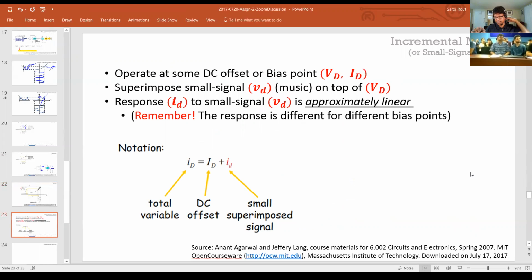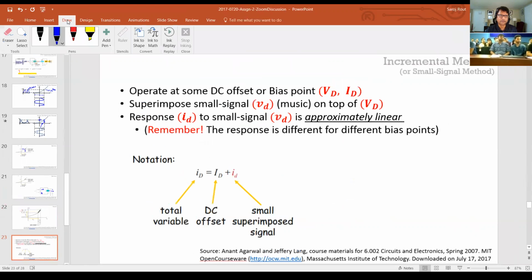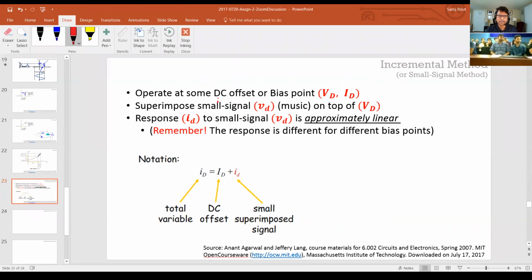Okay, so these are the three very important points you have to remember when you're doing small signal analysis. The first thing is that you operate at a certain DC offset. That's your bias point. In our particular example, that sets your operating DC voltage across it, which sets the current flowing through it, right?